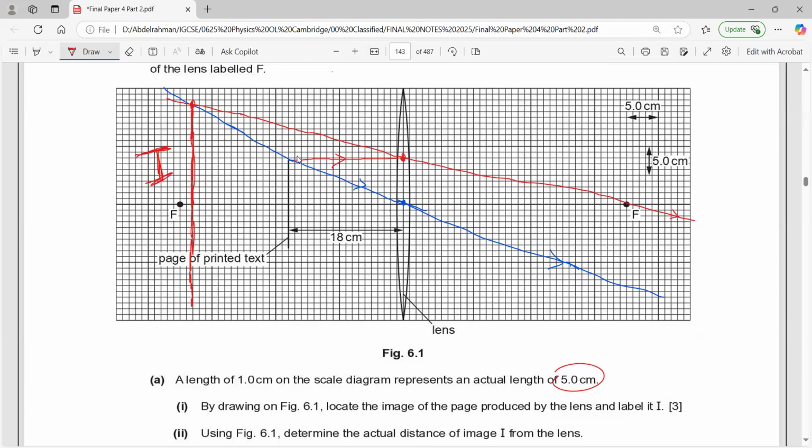Good. I hope you can all draw it. Please, if you don't know how to draw it, just try again, because all you do is draw 2 or 3 lines. That's all you need to do.